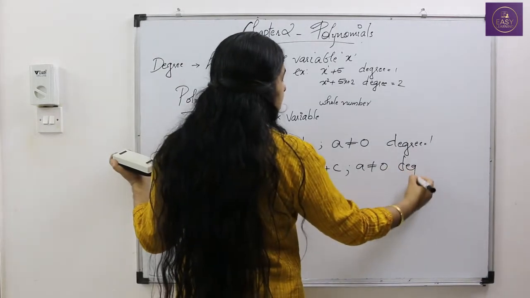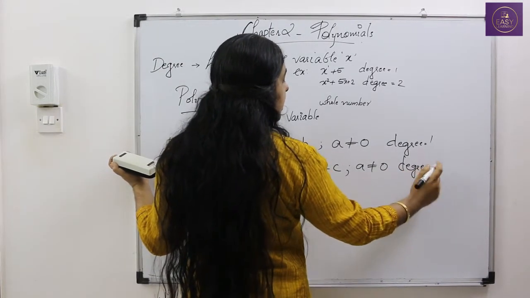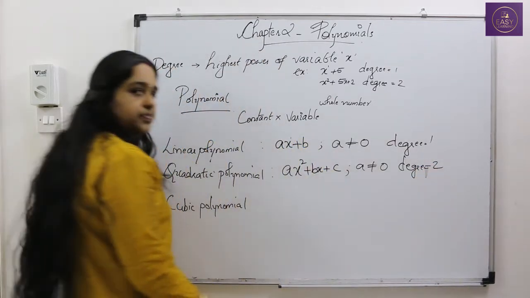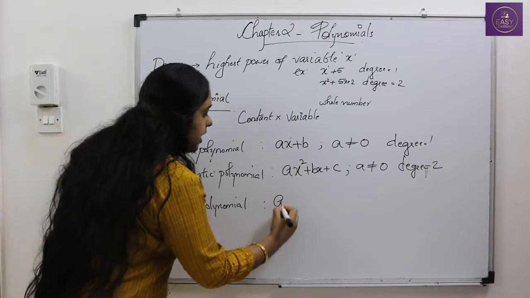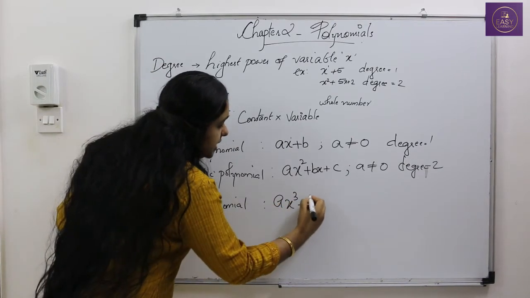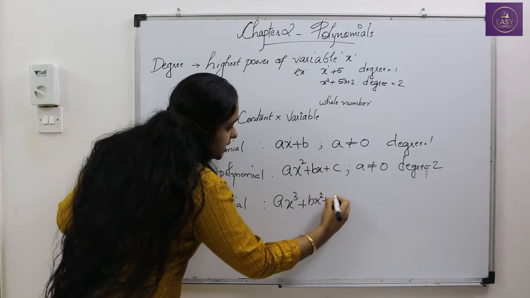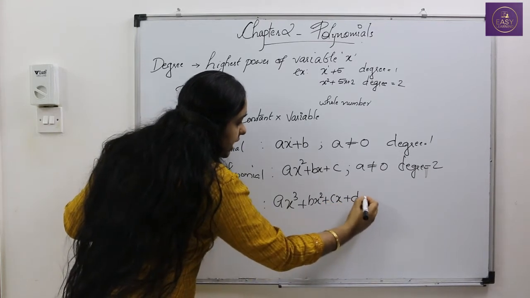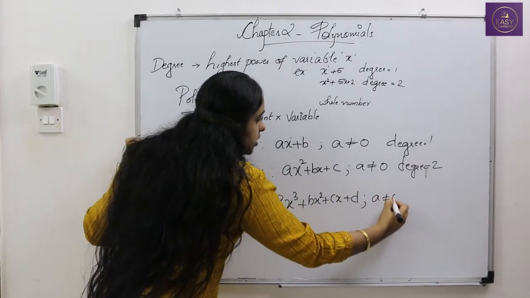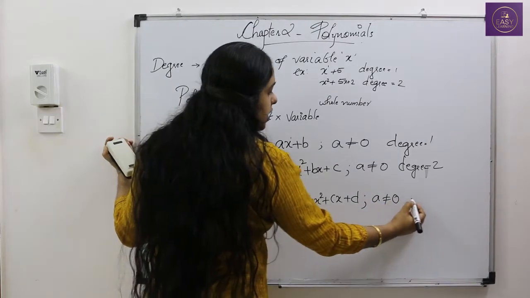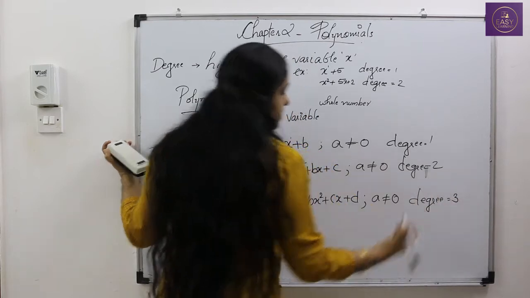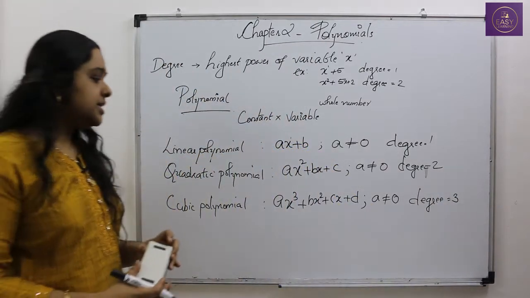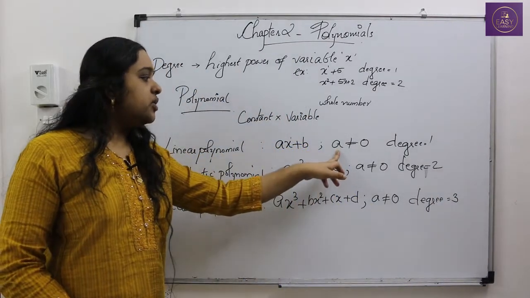Degree equals 2. Clear? Then what will be the cubic polynomial's general form? Ax cube plus bx square plus cx plus d, where a not equal to 0. Degree equals 3.